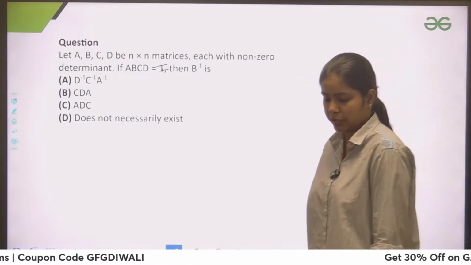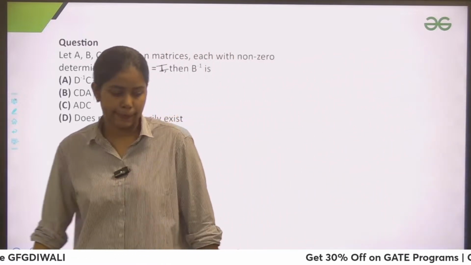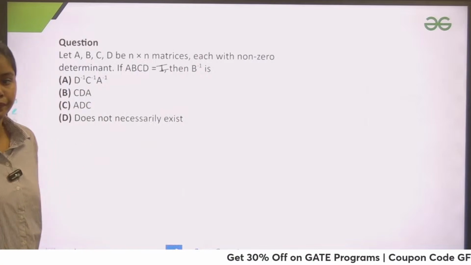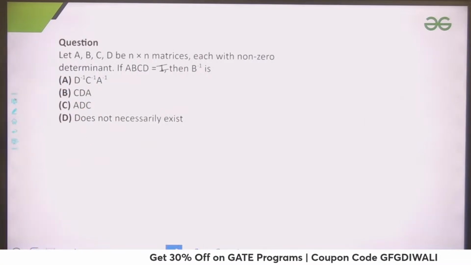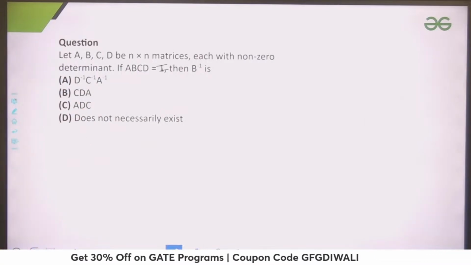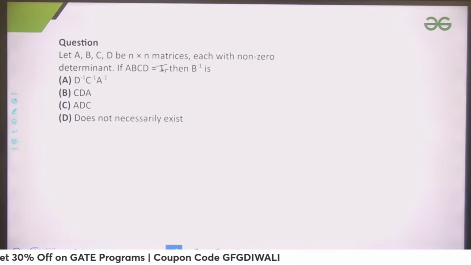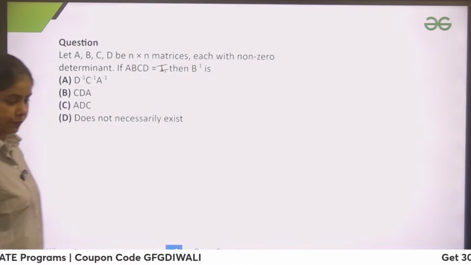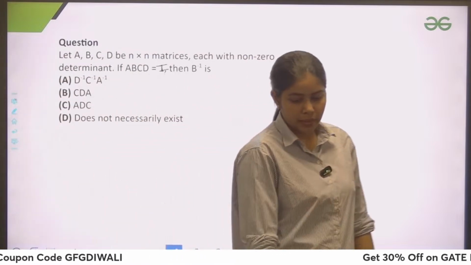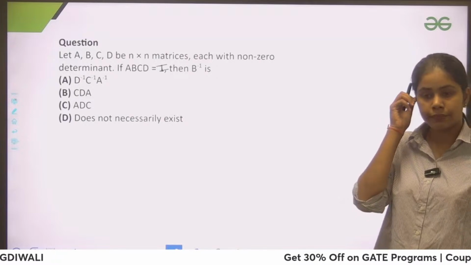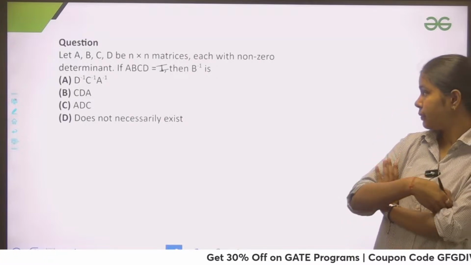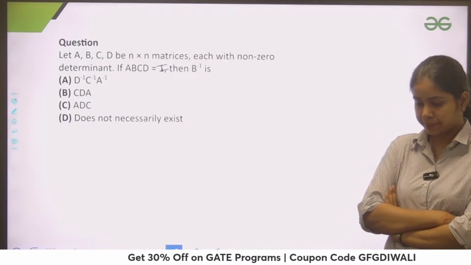Simple matrix multiplication. What is B inverse here?